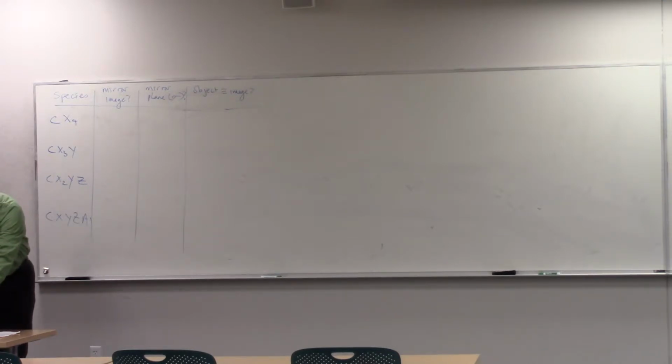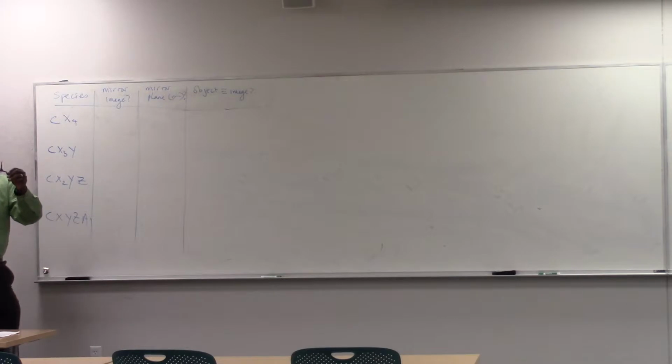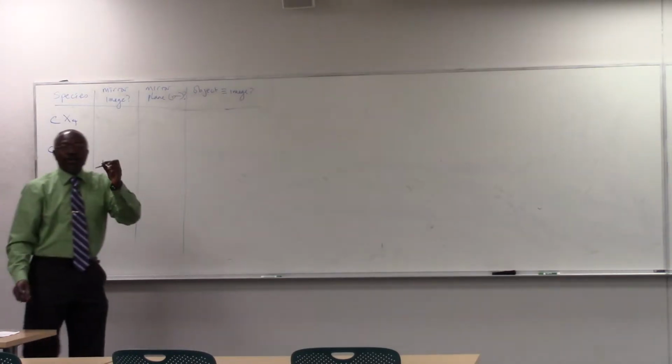And what we're going to ask is, if I take CX4, so here's a carbon with 4 same groups, H, Cl, anything around it, does this molecule have a mirror image?